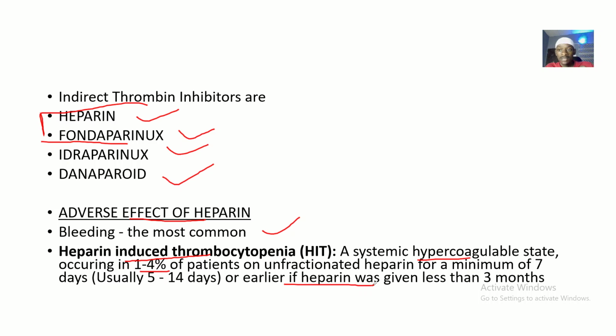Sometimes the unfractionated heparin can stop working. It prevents coagulation for some time, but it doesn't act for a long time. So it can result in heparin-induced thrombocytopenia, which is reduced levels of platelets in the body.